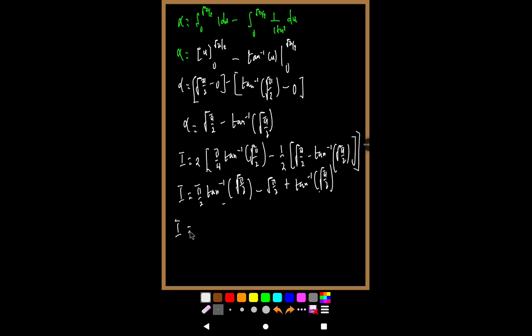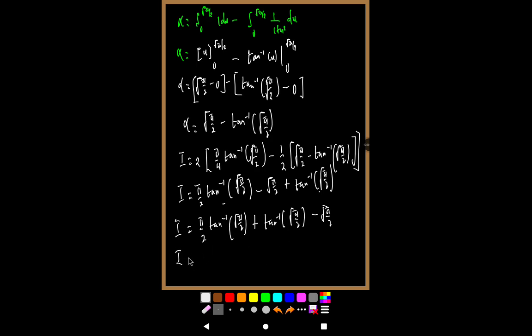So we have I equal to pi over 2 arctan of root pi over 2, plus arctan of root pi over 2, then minus root pi over 2. So we can factor out arctan of root pi over 2.